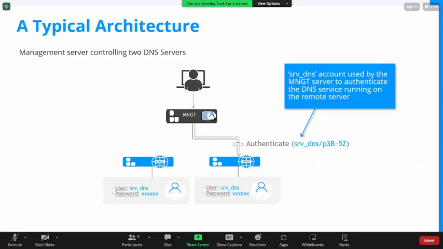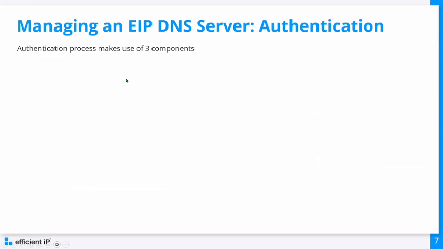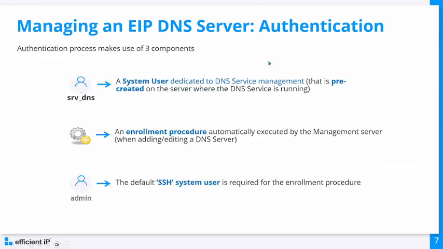Okay, good. Now, in order for you to enroll the DNS server to the management server, there are basically three components. You have a service account, as I mentioned. All the remote DNS engines have a service account that can be used for managing the DNS engine. You need to enroll the remote DNS server into the management server.